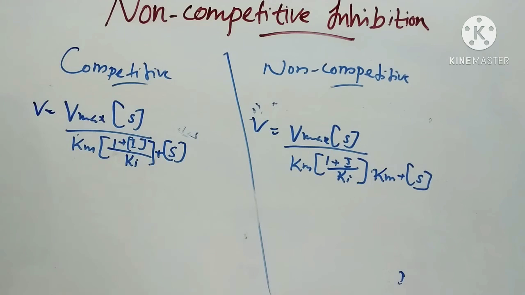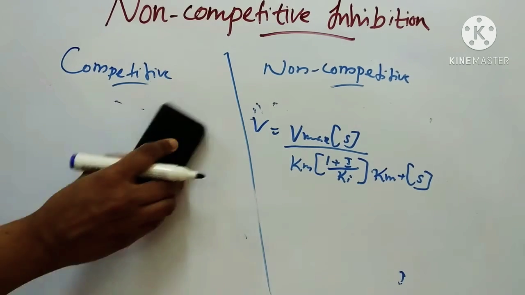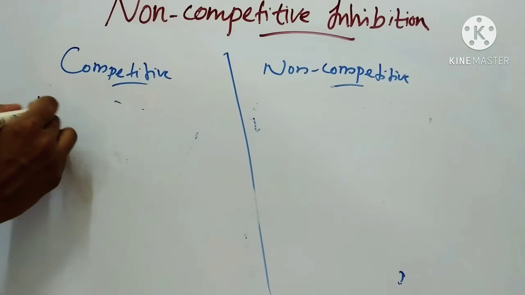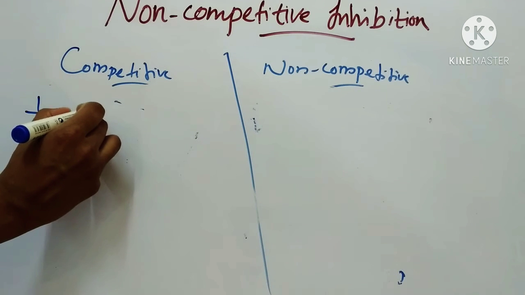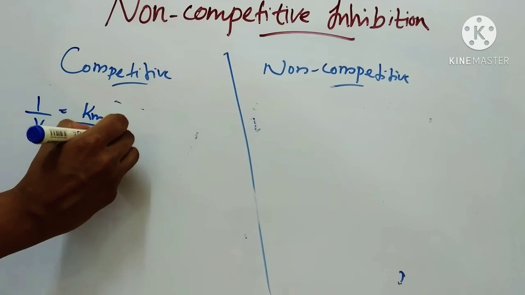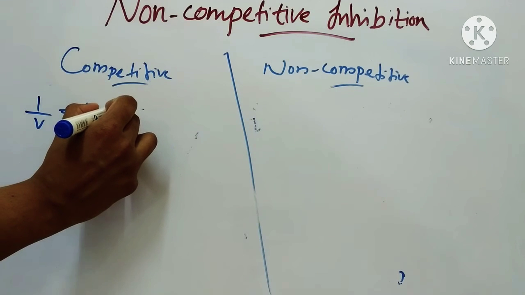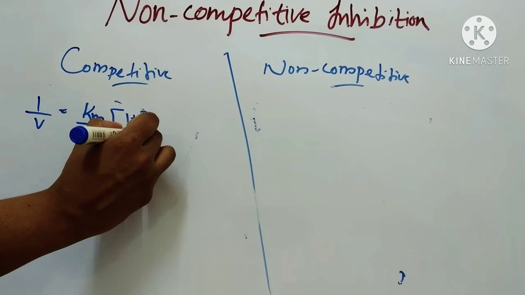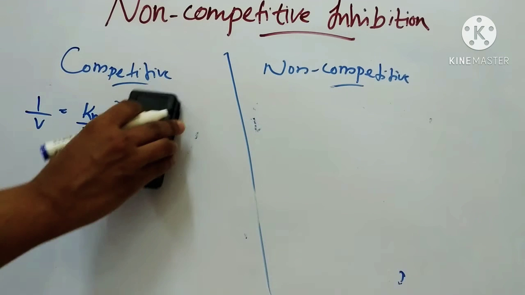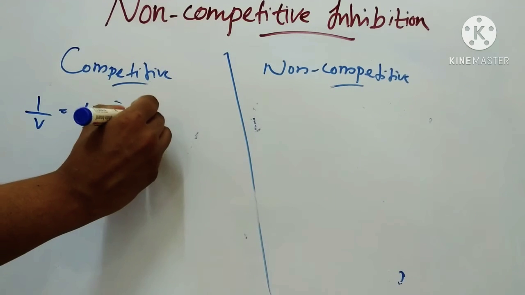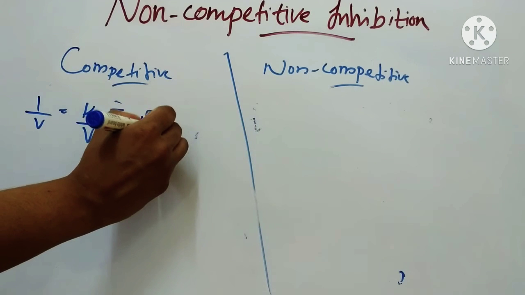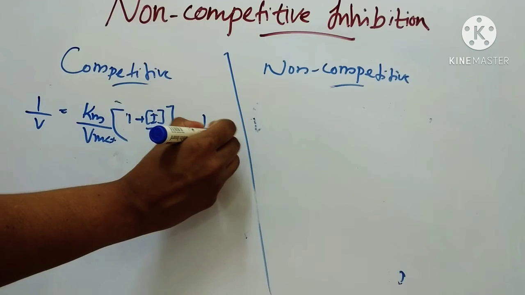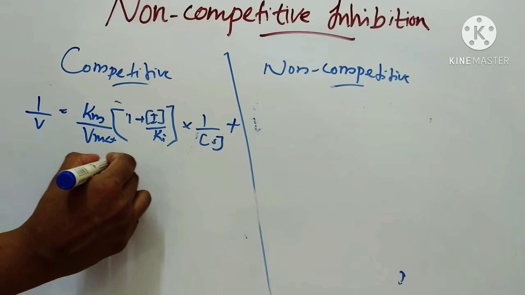Then the next one is the Lineweaver-Burk plot. In competitive inhibition, 1 by V equals Km by Vmax times (1 plus I by Ki) times 1 by S plus 1 by Vmax.